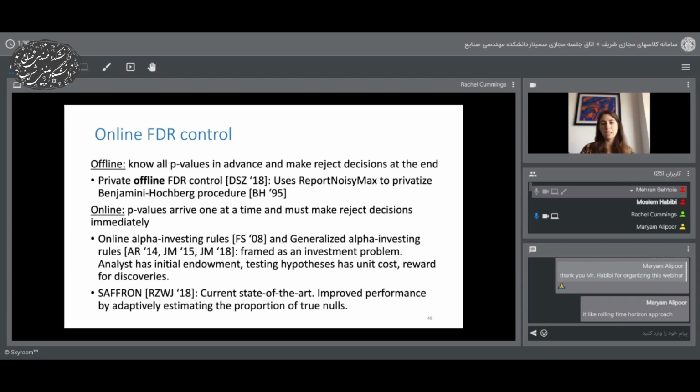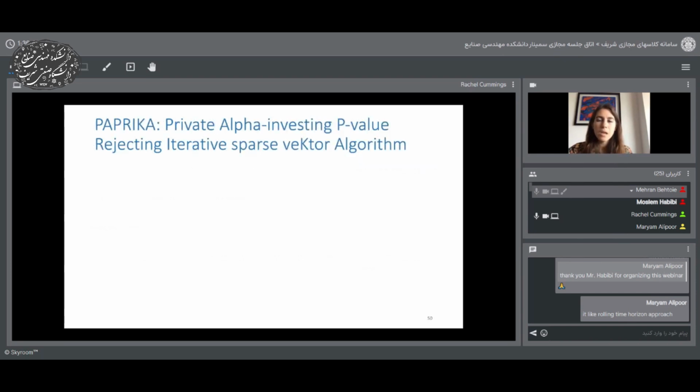Every hypothesis they test has a unit cost, and you get a reward for discoveries. And once you frame it in this way, we can apply all of our standard online investment optimization tools. And a recent extension is the SAFFRON procedure, and this is considered current state of the art, and it improved performance of the algorithm by adaptively estimating the proportion of true nulls.